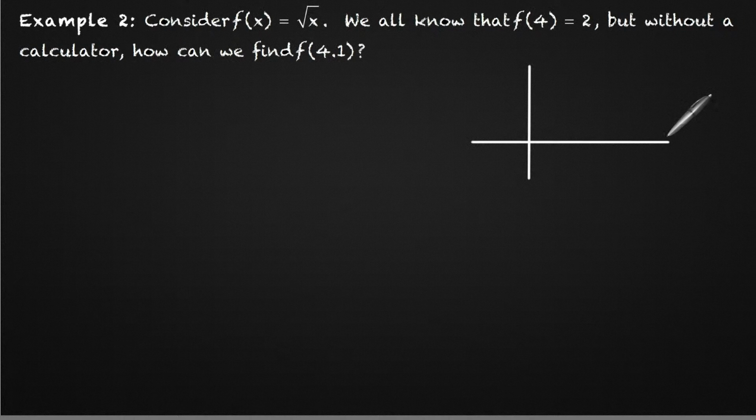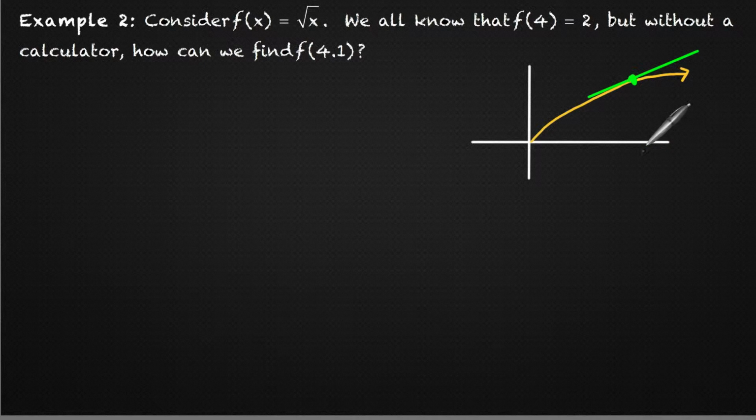Let's say we have the graph here. And let's say we have the square root function, so it looks like this. And let's say we have the point 4, 2. So that would be, let's say, right there. And let's say that we can draw a tangent line to this curve. There we go.